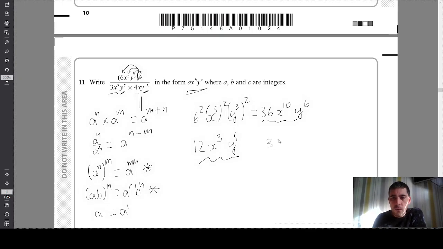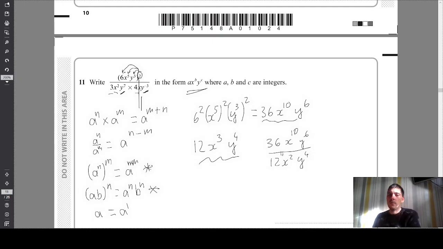So I can rewrite the fraction one more time. So we've got 36 x to the power of 10 y to the power of 6 over 12 x squared y to the power of 4, and work out each of these variables separately.